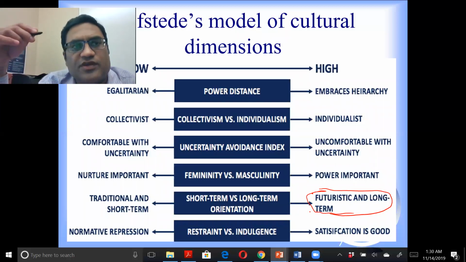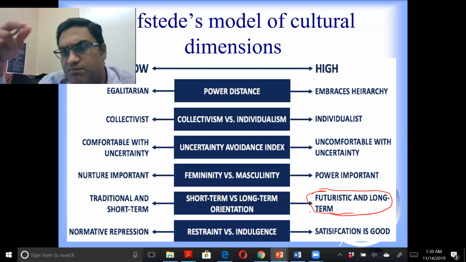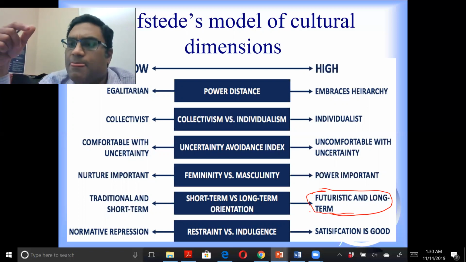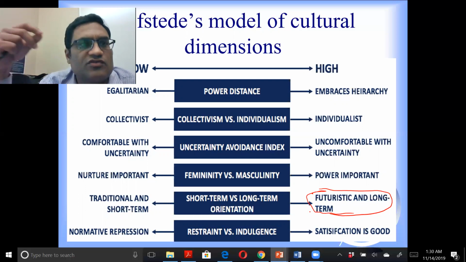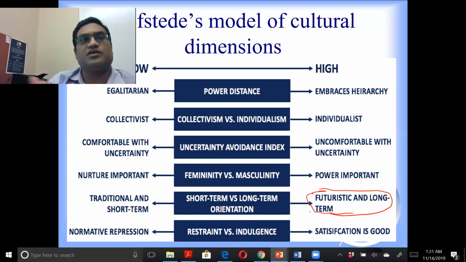So let's say South Korea and Taiwan are very high on long-term orientation, meaning they're thinking long term. The way you would be able to market your services, since it's Houston Children's Hospital, is that it is better for children, kids' health, and it is good for the country as well.